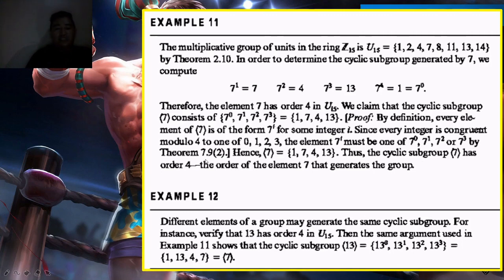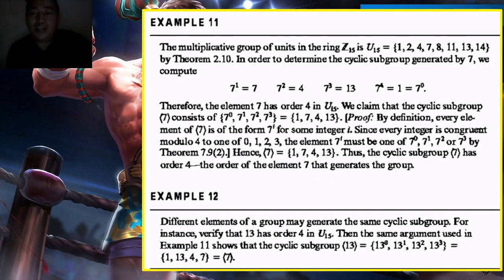By Theorem 7.92, hence these are the elements of the cyclic subgroup generated by 7. Thus the cyclic subgroup of 7 has order 4, so the order of the element 7 that generates the group.